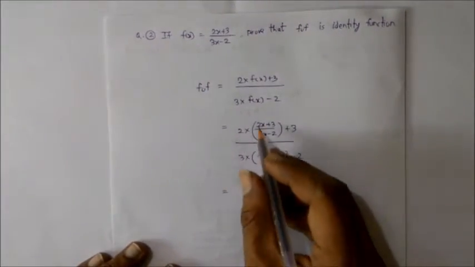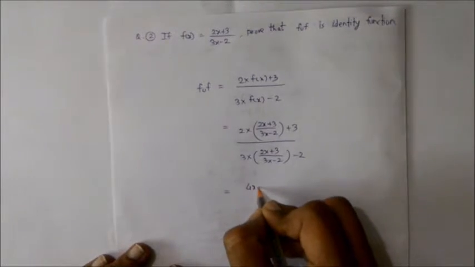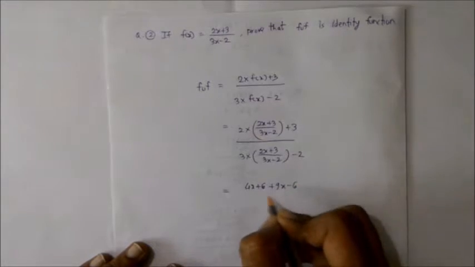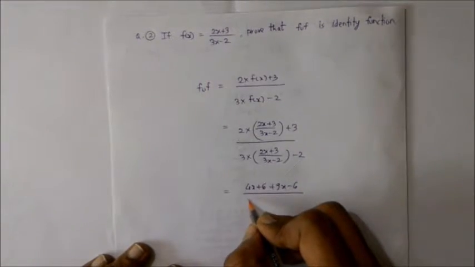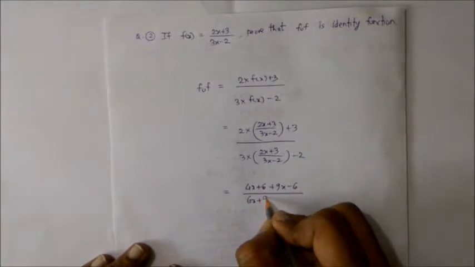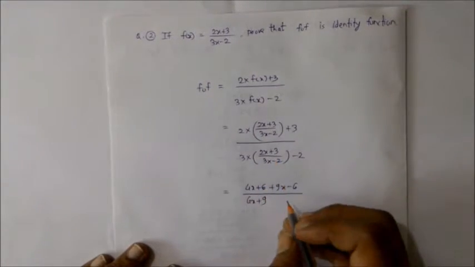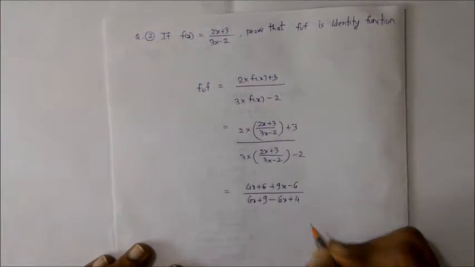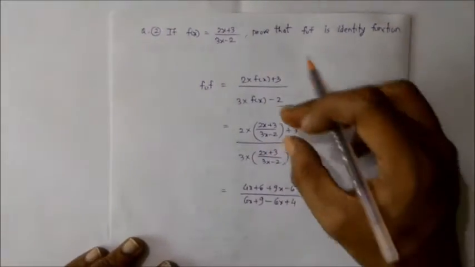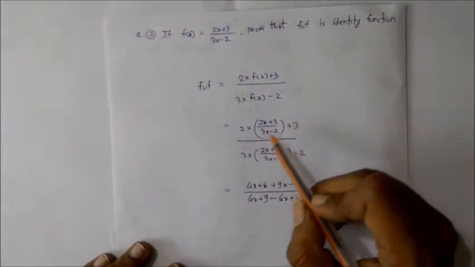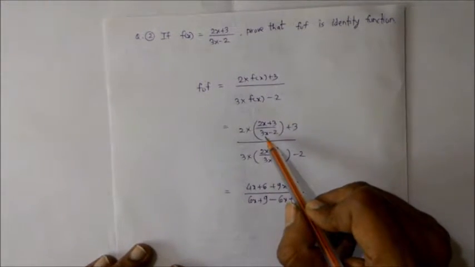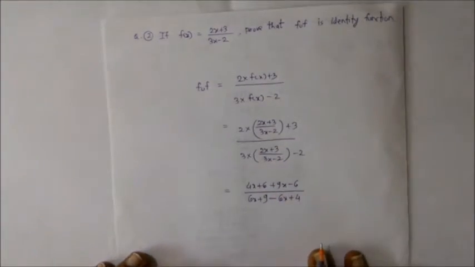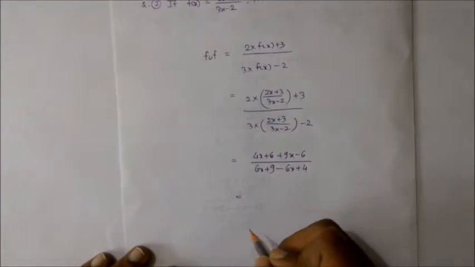On simplifying the numerator, I will get 4x plus 6 plus 9x minus 6, divided by 6x plus 9 minus 6x plus 4. Now note that in both these fractions, when we simplify, the denominator will be 3x minus 2 and 3x minus 2, which I already cancelled out, as we did in the previous problem.